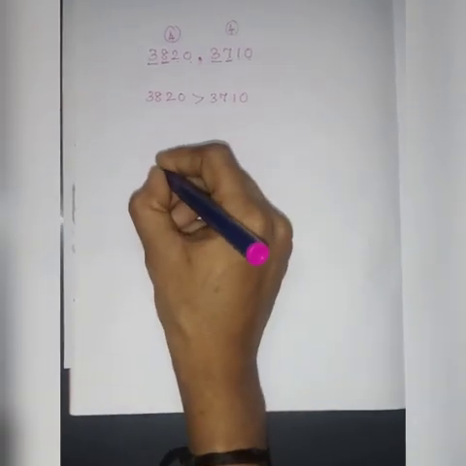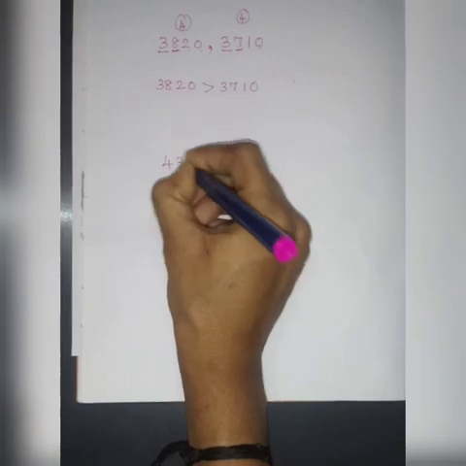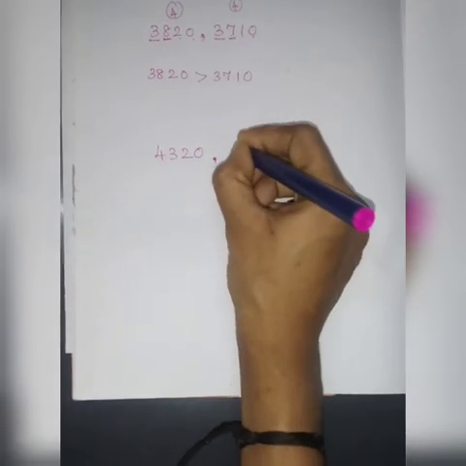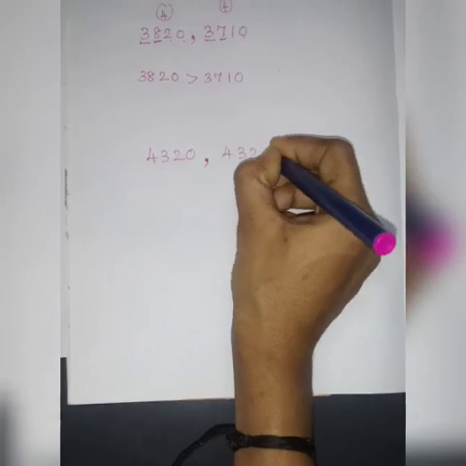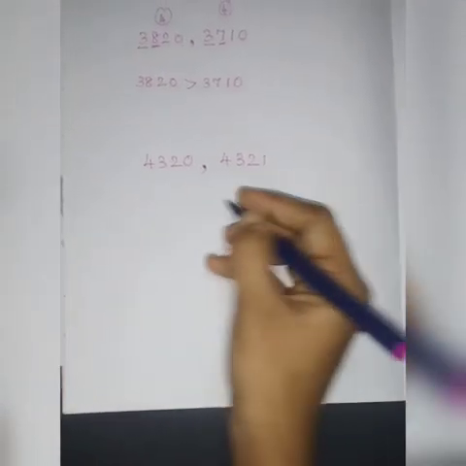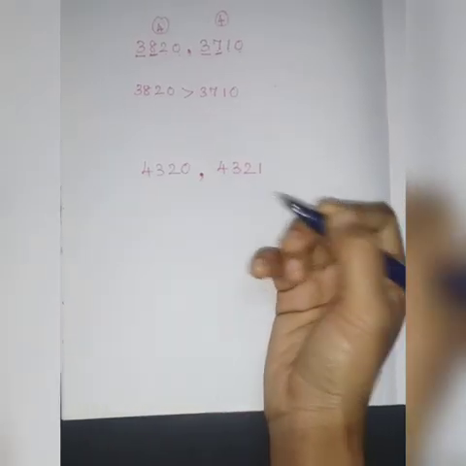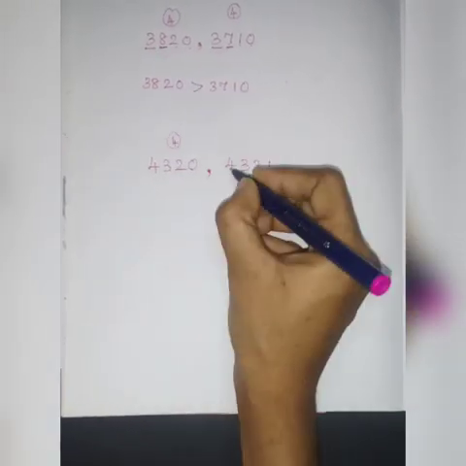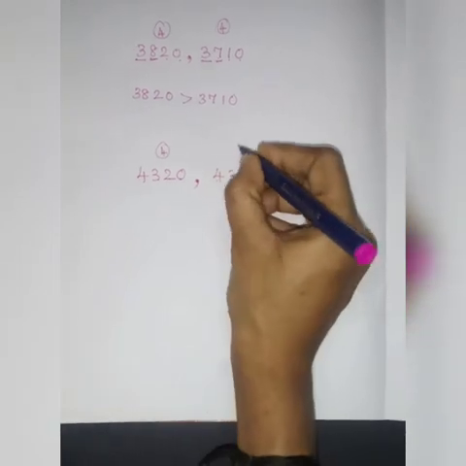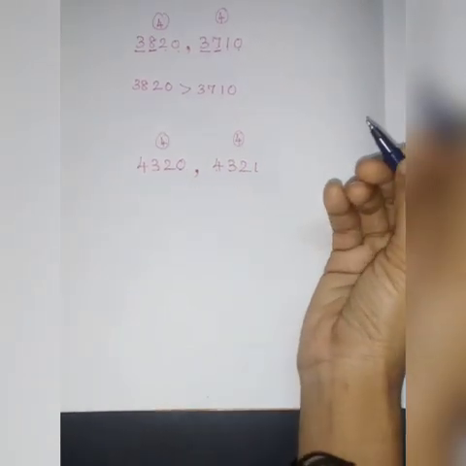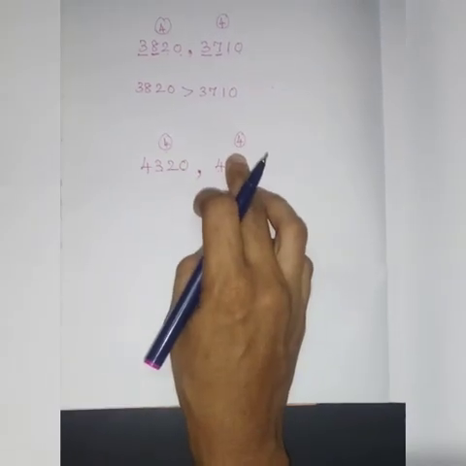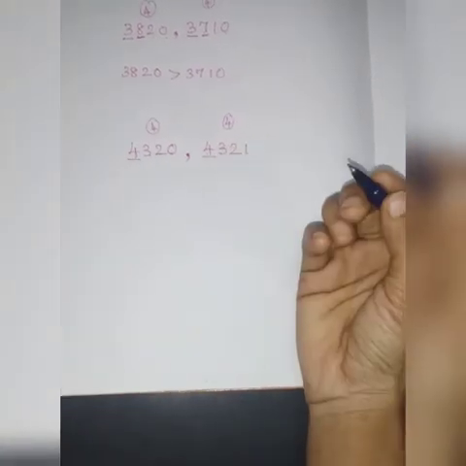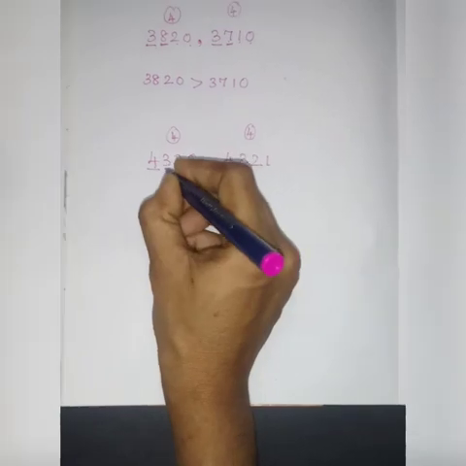Another example I will give you. This is one problem. Now what do you have to do? You have to compare the number of digits. 1, 2, 3, 4. 1, 2, 3, 4. Both are the same, so you start from the left side. First digit, both are the same. Next digit, both are the same.